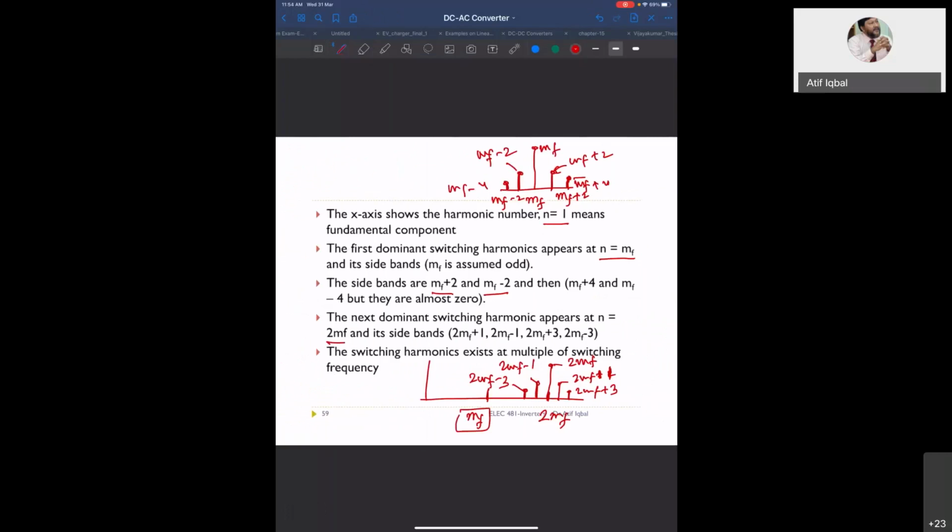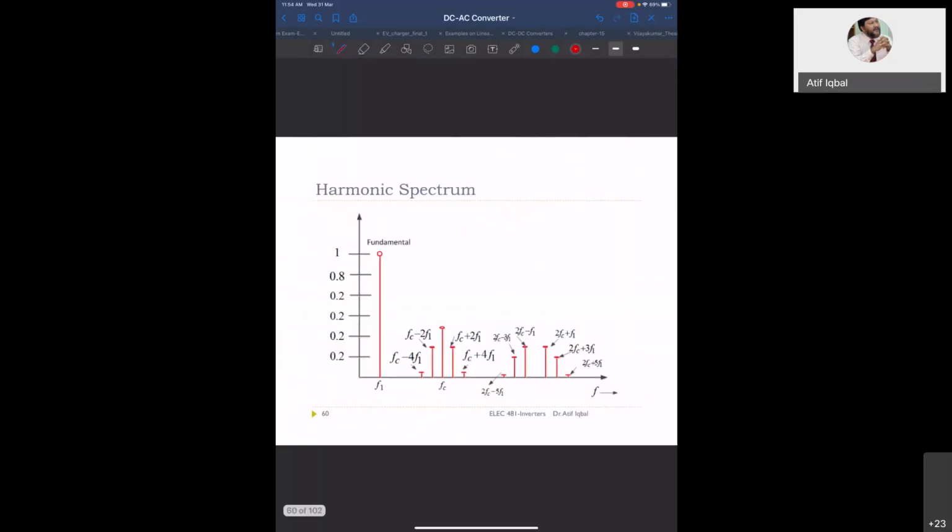This is with respect to the ratio mf. What is mf? It is f of carrier over f of sine. Here it is shown with respect to switching frequency, say 5 kilohertz.